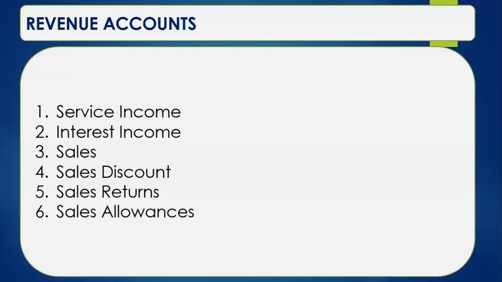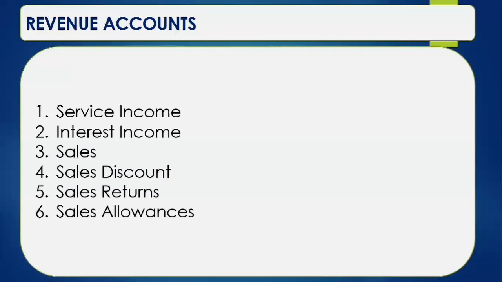So if you own businesses like this, then the first account name that should be appearing on your income statement should be service income, okay? Because your business is a service type of industry.